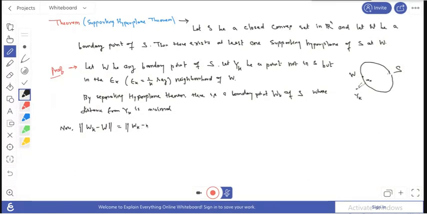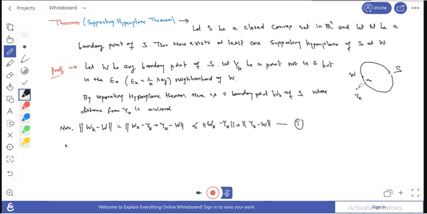If we add and subtract an arbitrary point yk outside of that convex set S, this is less than or equal to the norm of wk minus yk plus the norm of yk minus w. Suppose this is equation number 1.